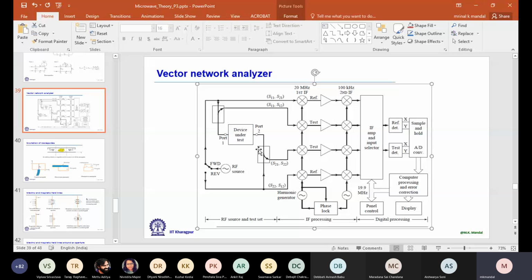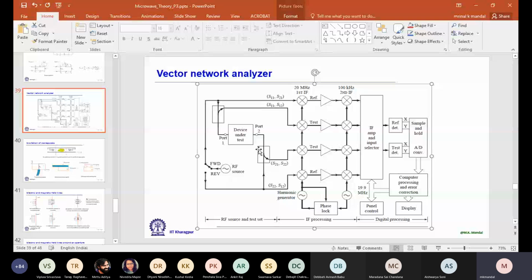So in communication systems, I'm not sure you have learned about vector measurement. Let's say some modulated signal is coming. It can be quadrature amplitude modulation or anything else, and you need to measure both its amplitude as well as phase.